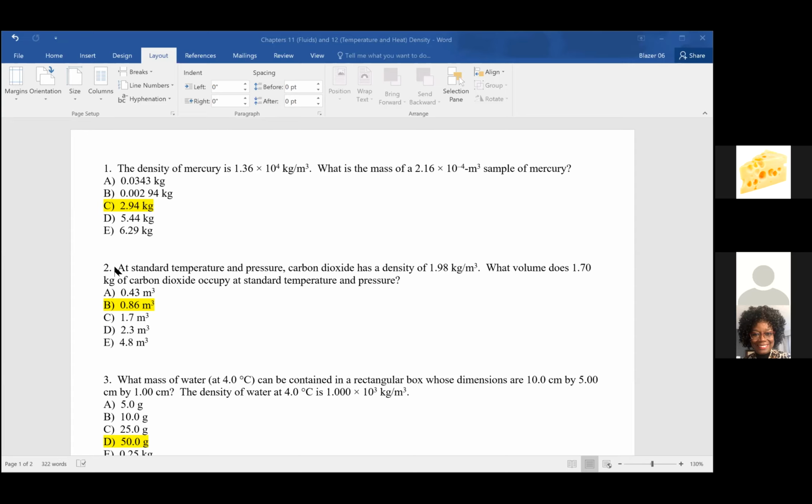Okay, so I'm assuming this is question 6. Is this the answer you got for number 6, class? Does that answer close to your answer for number 6?